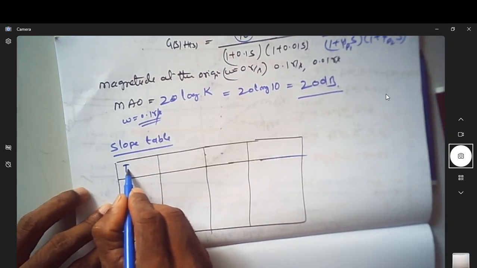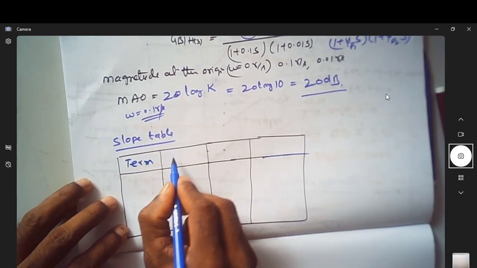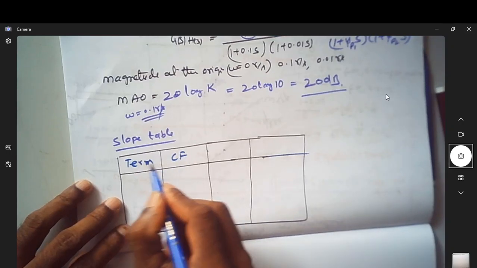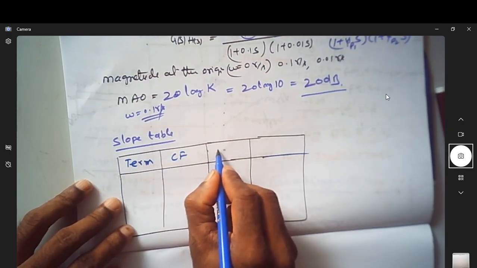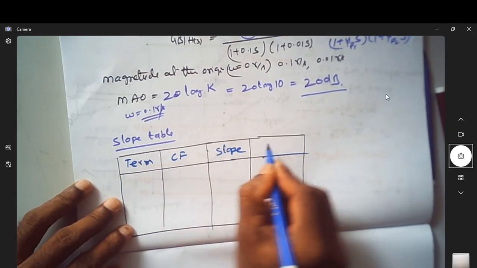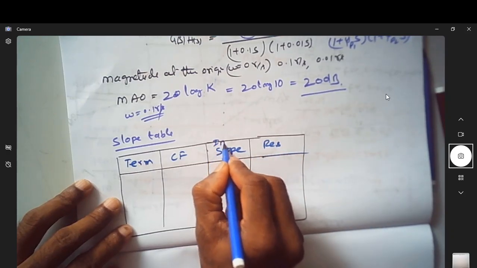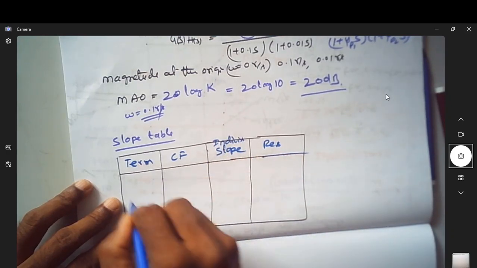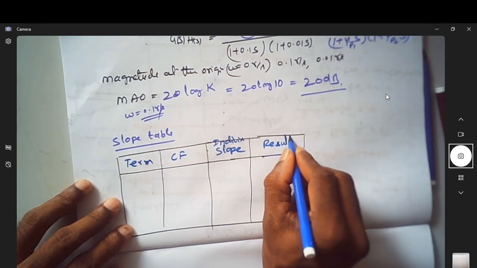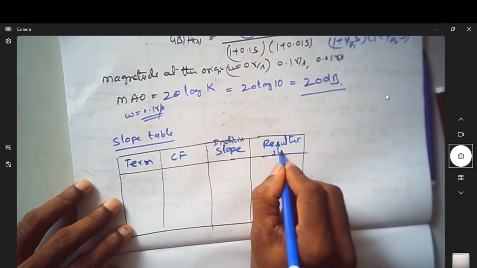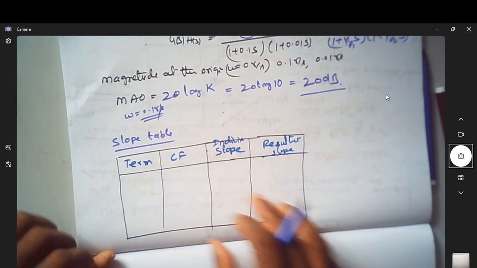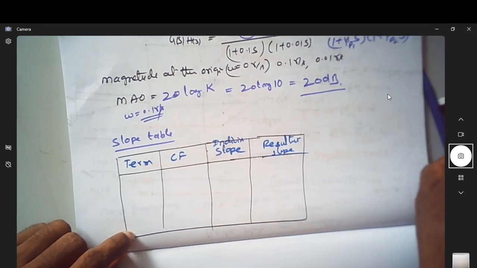So this is my term, this is the cutoff frequency of that particular term, this is the individual slope of that term, this is the resultant slope.